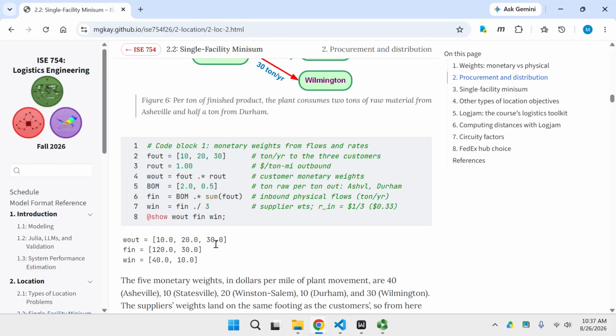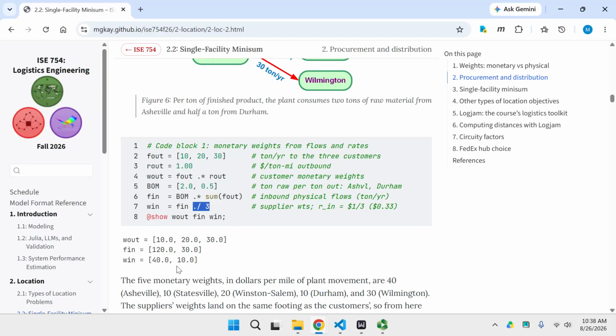And then we can multiply that times the transport rate. In this case, the transport rate is actually 33 cents per mile, or 1/3 of a dollar. And that then gives us the monetary weight. So the monetary weight is 40 and 10 for Asheville and Durham, respectively.